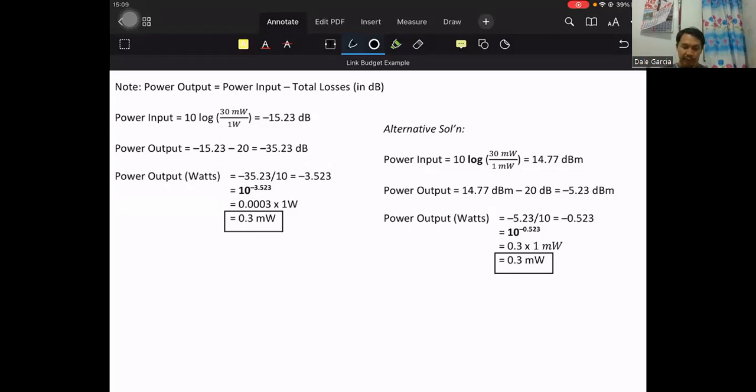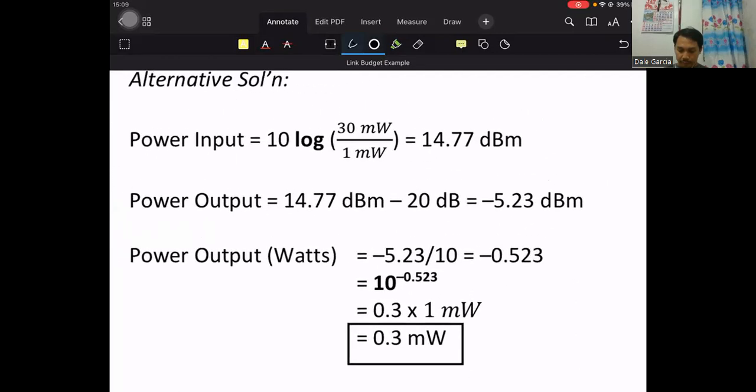Subtracting them from the given source is fine. Again, the convention is that if you use dBm as input, make sure the final answer is in dBm. Even if the loss is in dB, the final answer should be in dBm. I hope that's clear.